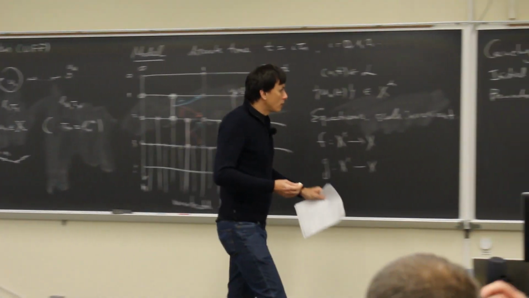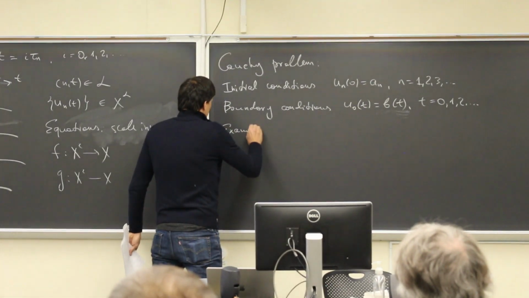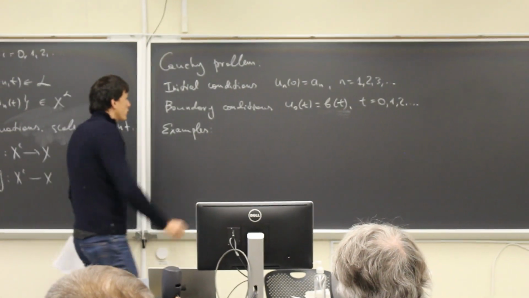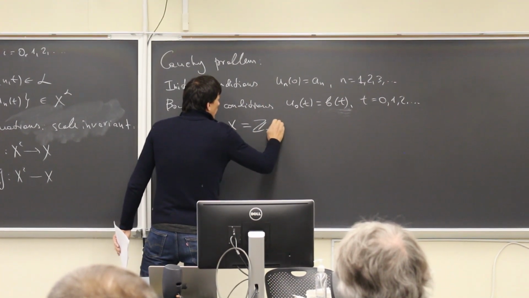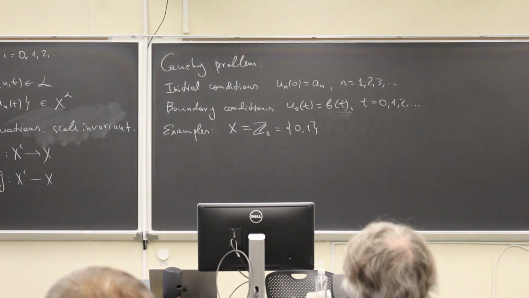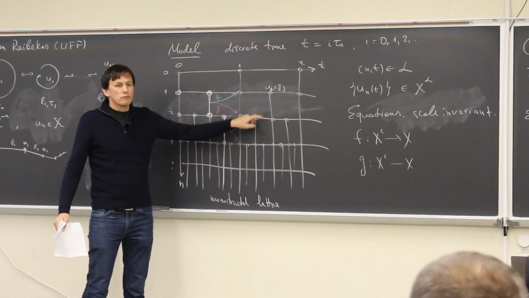So the example that we will consider through the whole lecture, there will be 2 examples, and actually we can make it even simpler than we had before. We will consider a state which is 0, 1, symbolic. So at every point we just put 0 or 1.